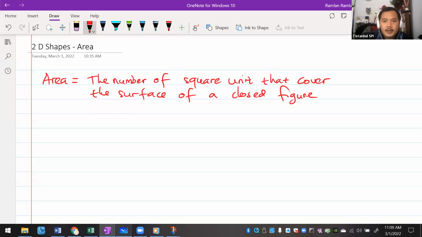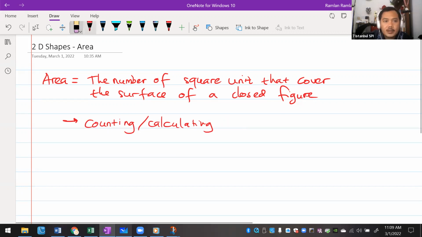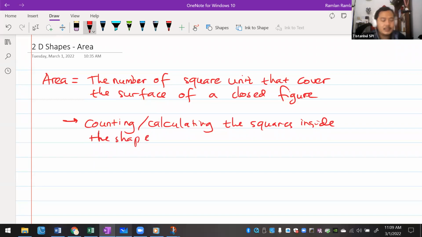Okay, you can get that by counting or calculating the squares inside the shape. Okay, so this is the basic definition of an area, right?